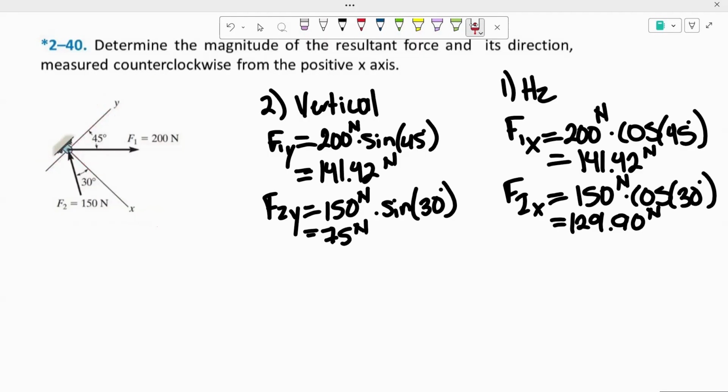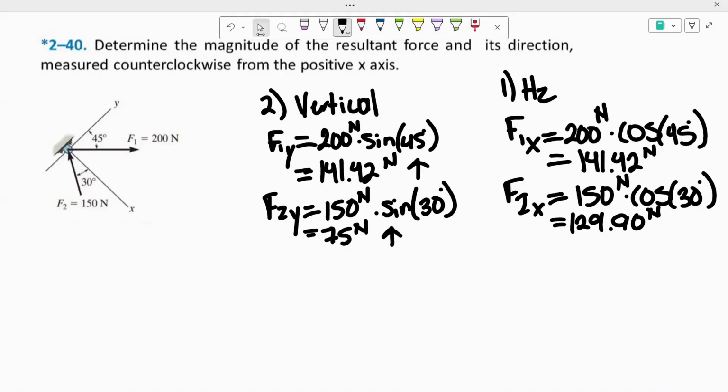So our vertical components have to be going up or down. Let's take a look at F of 1. F of 1, as you can see, is going upwards, which is why the 141.42 newtons is going upwards. And for our F of 2, you could see that it is also going upwards, which is why the 75 newtons is also going upwards.